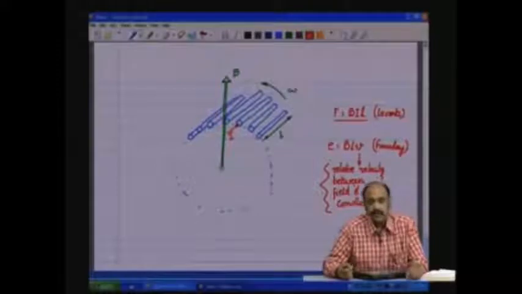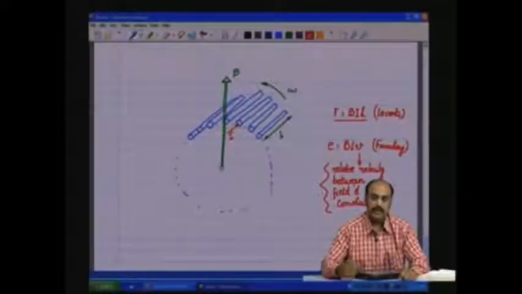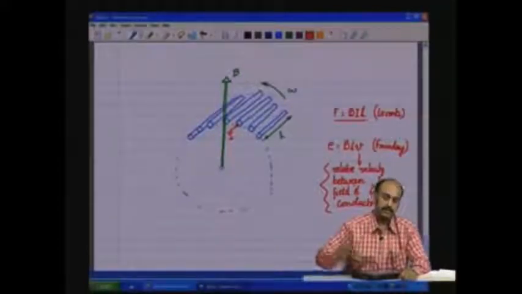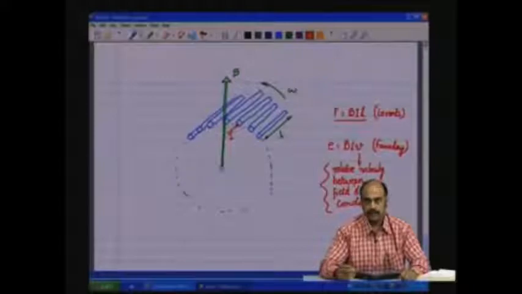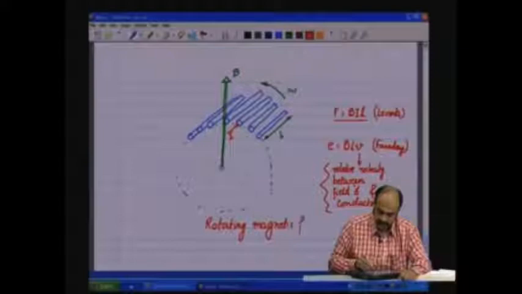In the case of the induction machine, because we have a three-phase system, it is possible to generate a B phasor which is rotating in space. That is called the rotating magnetic field.